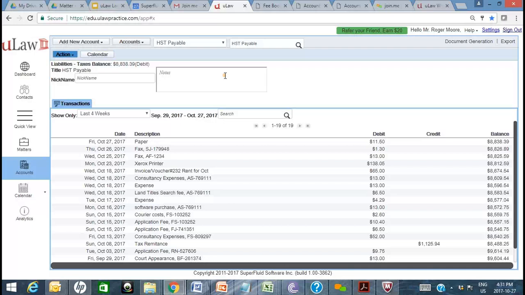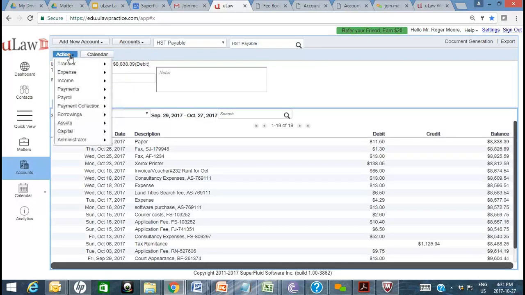It's definitely something that we're looking to consider, but you are most certainly able to import bank statements from CIBC or some of the leading institutions in Canada into uLawPractice, so that it makes it easier for you to deal with those individual transactions.